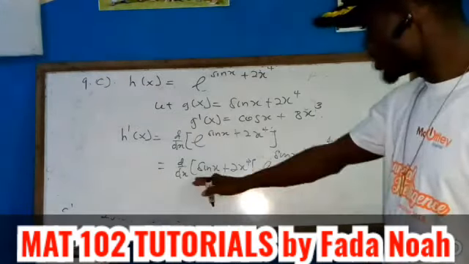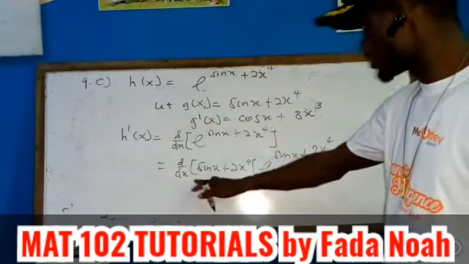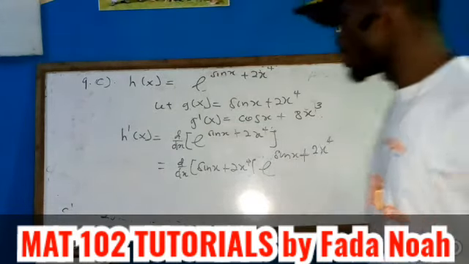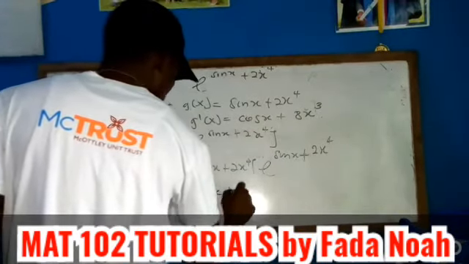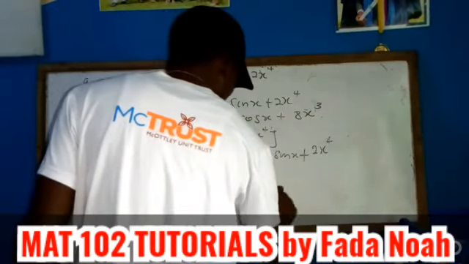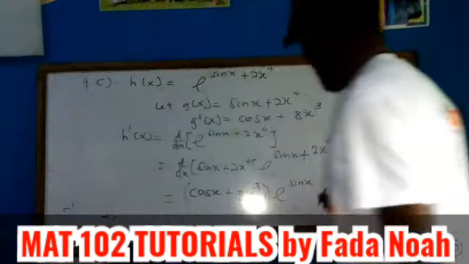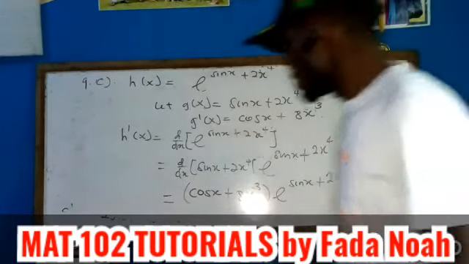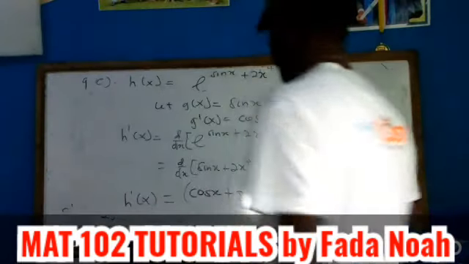Alright, well, what's the derivative of this one? That's our g prime of x. Okay, so in place of d dx of this one, we write cos x plus 8x exponent 3. So we have cos x plus 8x exponent 3, all multiplying e exponent sine x plus 2x exponent 4. So this is our derivative for h.